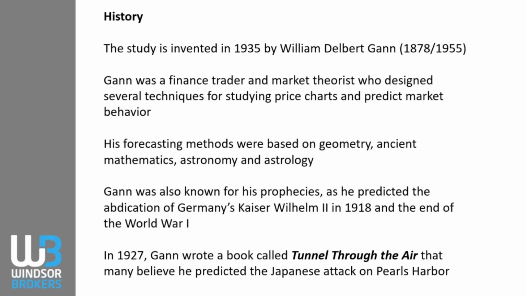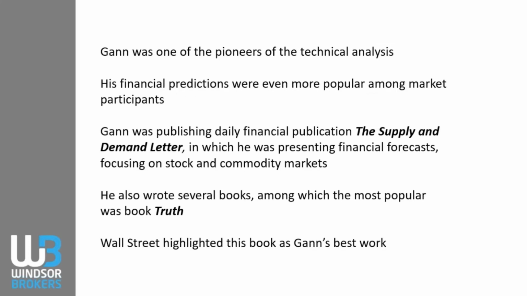And also he wrote the book The Tunnel Through the Air in 1927, and many believe that in this book he predicted a Japanese attack on Pearl Harbor. So it's something that he did before he completely turned to studying markets. And Gann is now known as one of the pioneers of technical analysis.